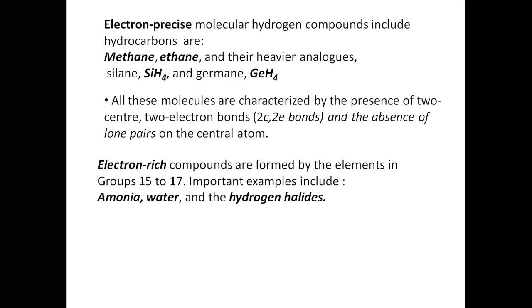Binary compounds of group 15 and 17 are called electron rich.